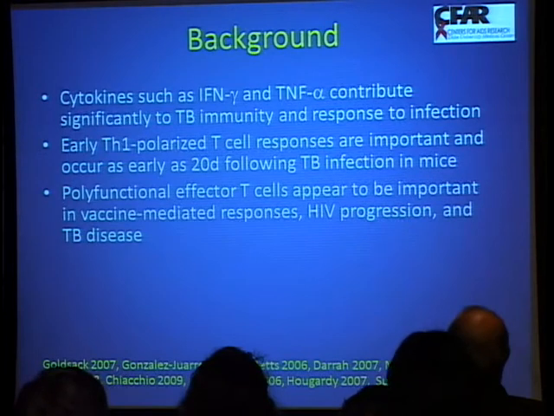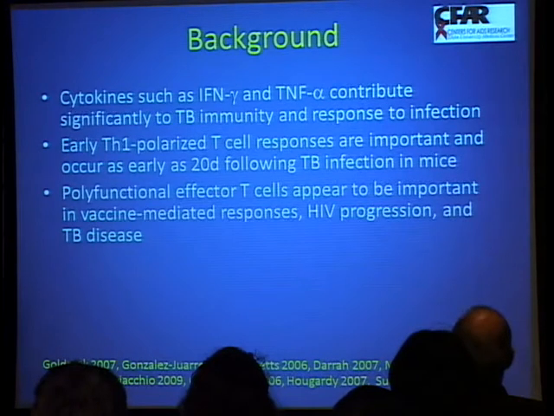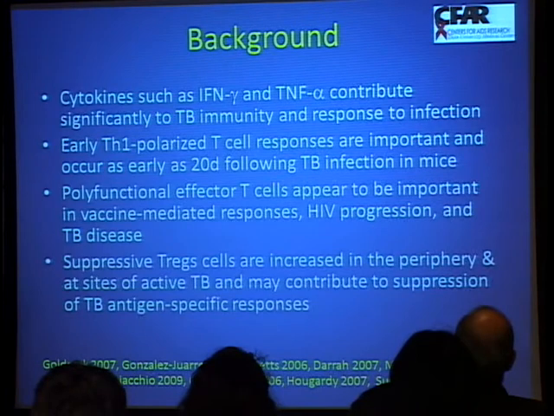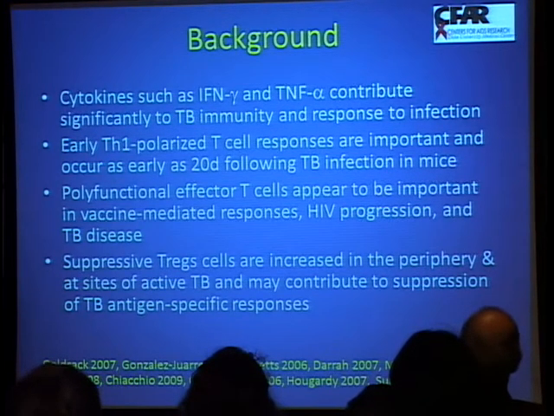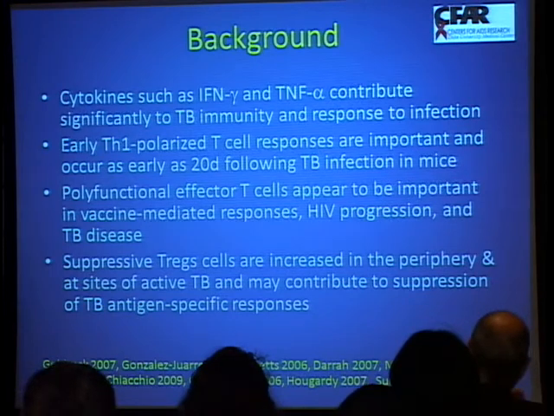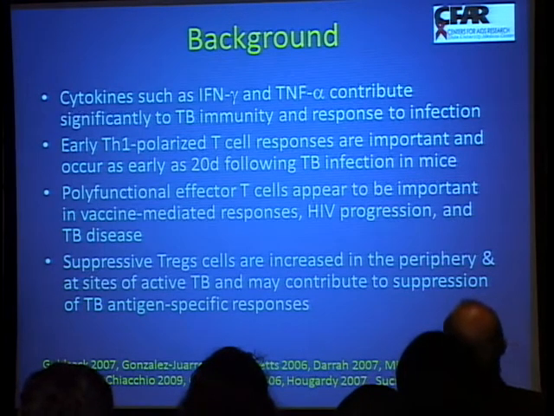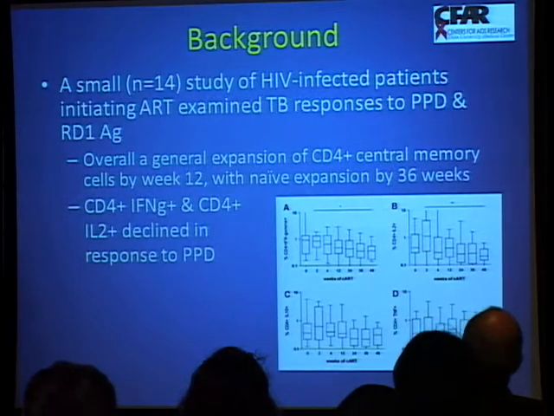And polyfunctional effector T-cells appear to be important in a number of other areas, including vaccine-mediated responses, HIV progression, and some evidence, although less so, in TB disease. And suppressive Tregs are also out there, of course, in the literature, and whether or not their role in the periphery and at sites of active TB may contribute to suppression of TB antigen-specific responses. So this is a little bit about what we know.